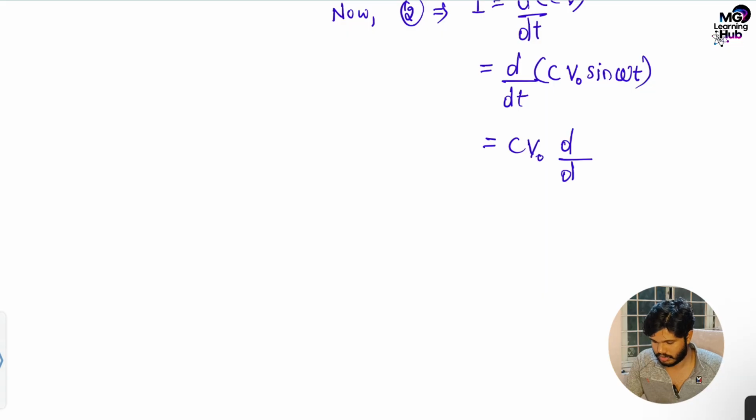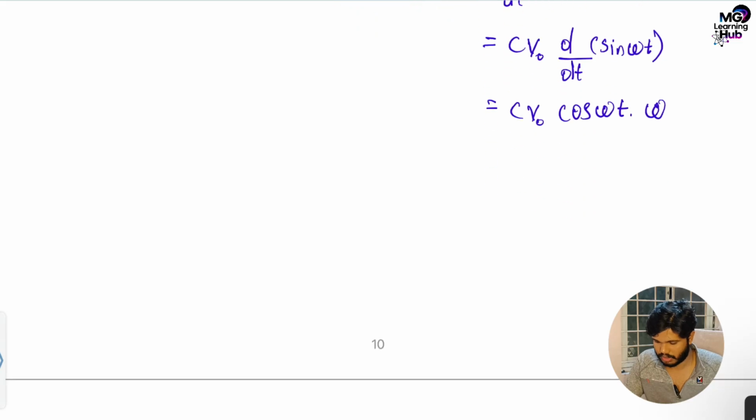So what is left out then? Sine omega t. Now taking C V naught, what is the differentiation of sine? That is cos omega t into omega. Omega is a constant, that's why we will keep it outside. So we will get C V naught omega into cos omega t.